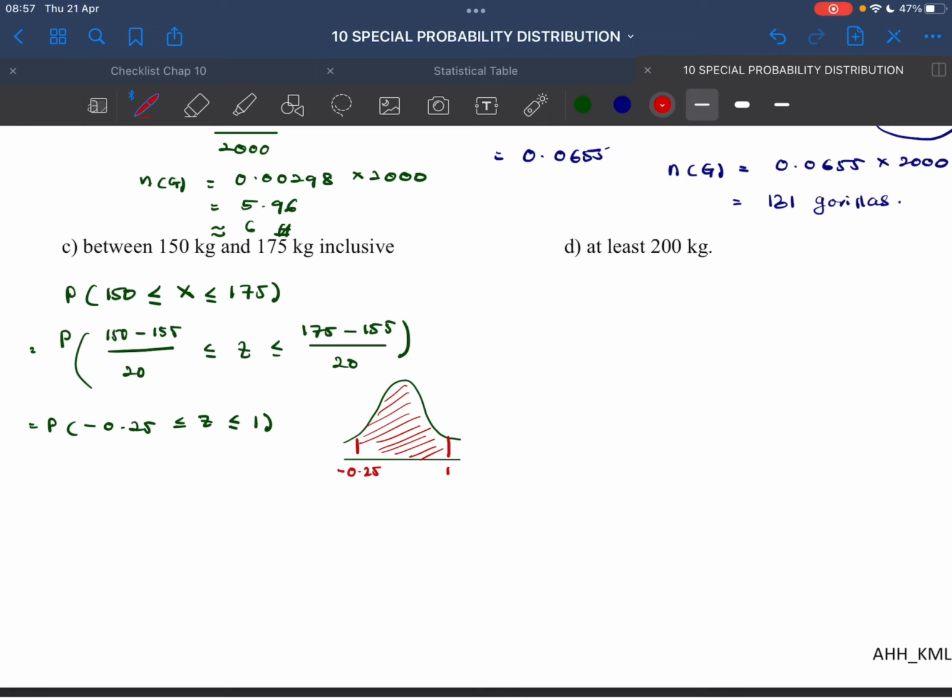So what we have to do is take the whole probability, which is 1, minus the one on the left, which is P(Z less than negative 0.25), minus the one on the right, Z greater than 1. This one we simply shift to the right hand side, and that will be 1 minus P(Z greater than 0.25) minus P(Z greater than 1).